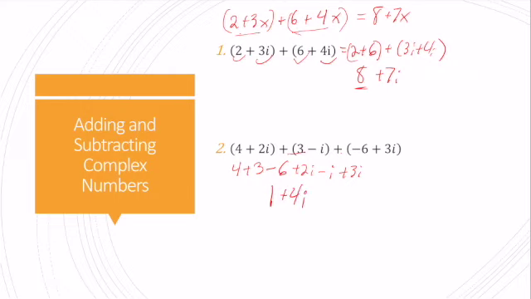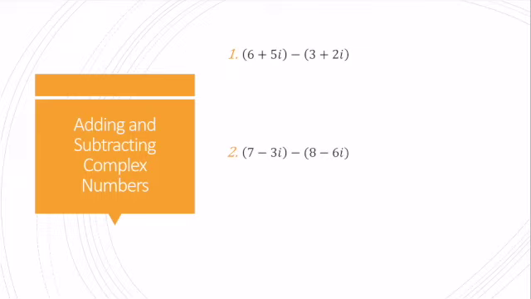So I'm left with 1 plus 4i. It's really like combining like terms. Just remember that whereas x can stand for any number, i only stands for the square root of negative 1. Big difference.